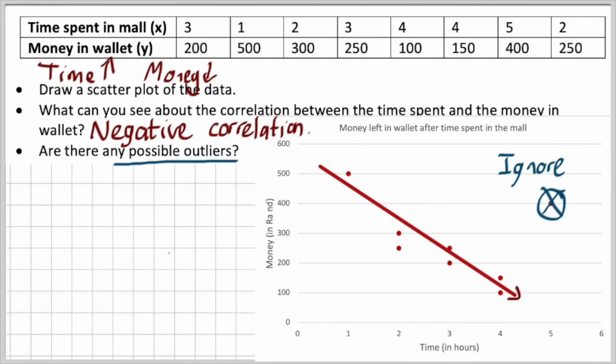I wouldn't. I'm saying that to you very clearly. Unless the examiner guides you and says, are there any outliers? Maybe ignore the outliers. But on your own, I would rather stay clear of ignoring anything and just use all the coordinates. Remember, you've got to answer what the examiner wants.